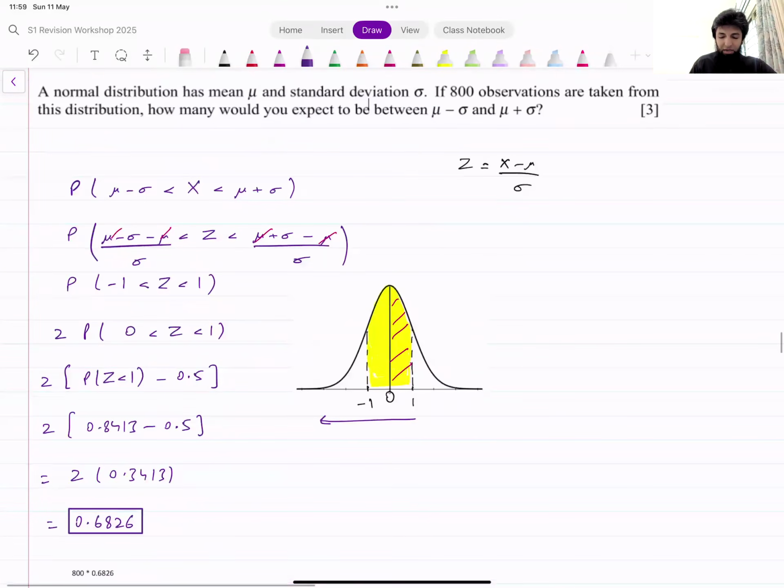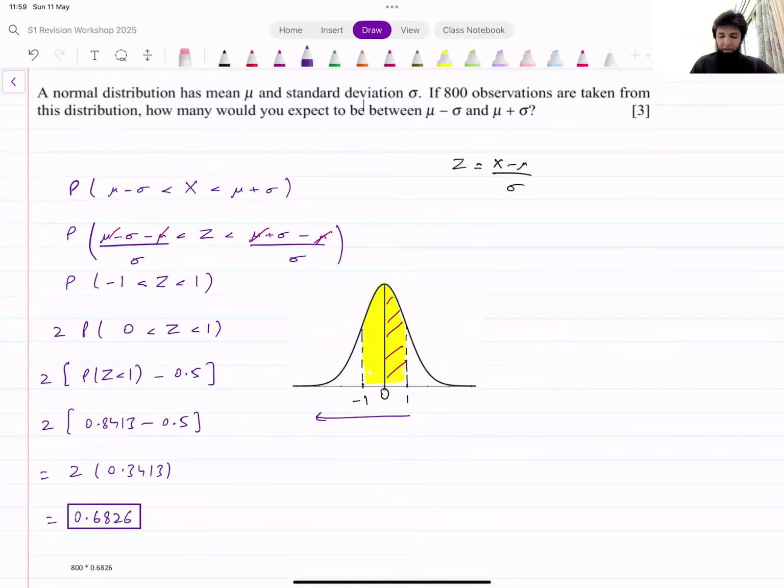Now, sometimes they ask you to find probabilities and they don't give you numbers, but ask you to do it in terms of mu and sigma. Don't get scared by that, because when you start inputting values in the formula, you will figure out that these unknowns start canceling out.